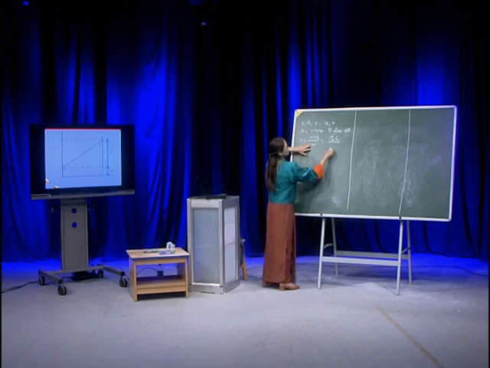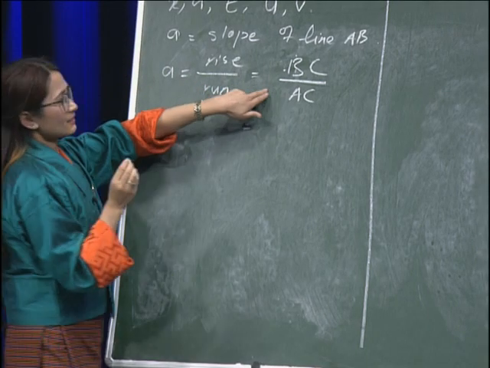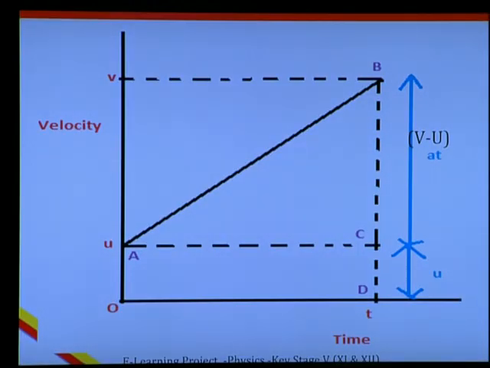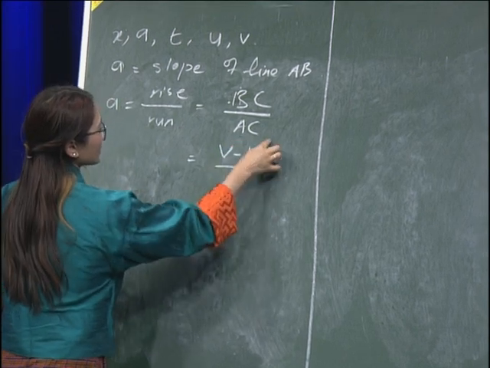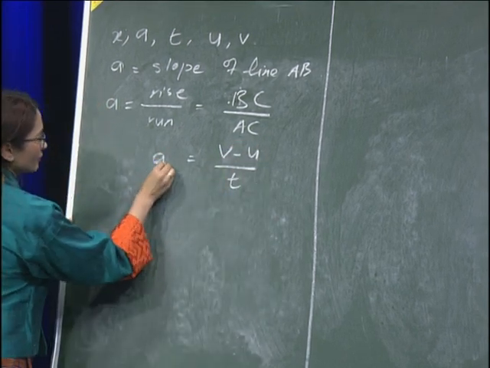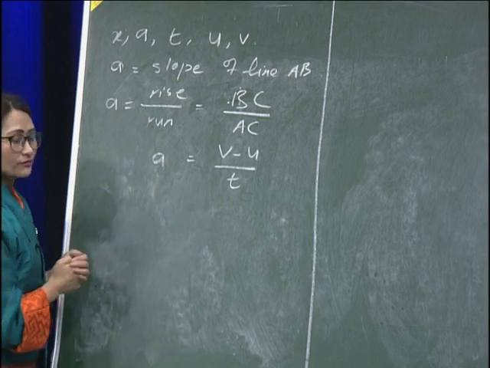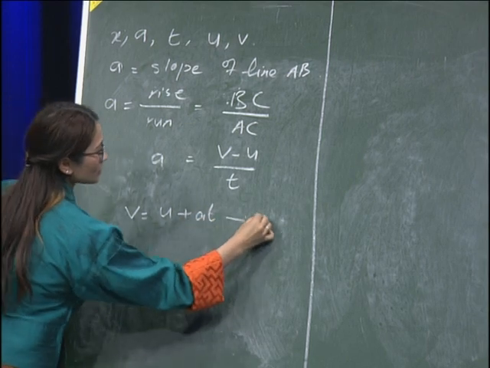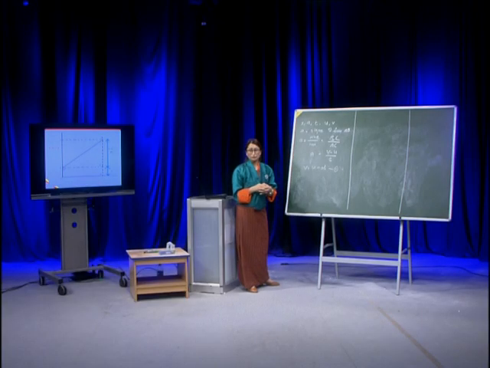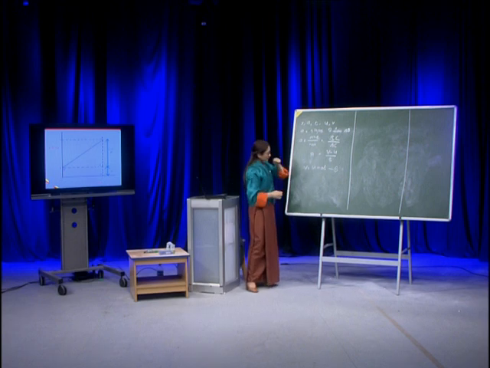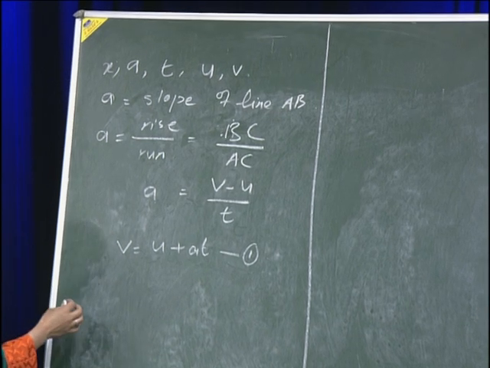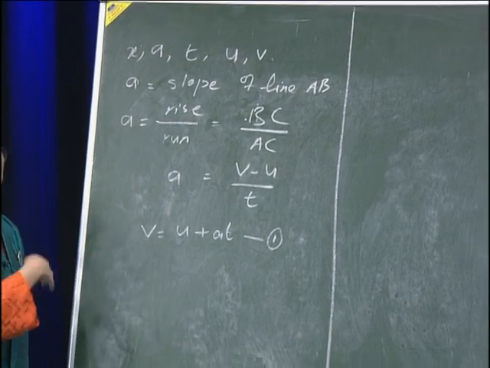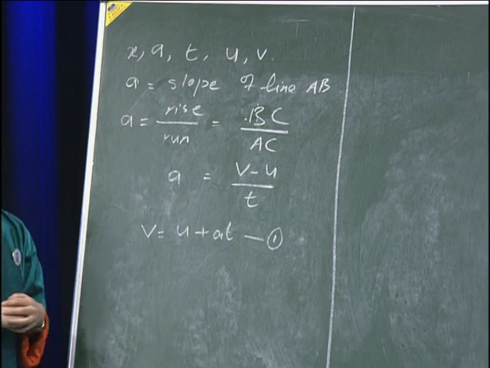BC is v minus u, and AC is the time taken, t. So we have a equals v minus u over t. Now just rearranging the variables, we finally get v equals u plus at, which is our first equation of kinematics. We will take some variables from this equation because we will need them later when we derive the other two kinematic equations.